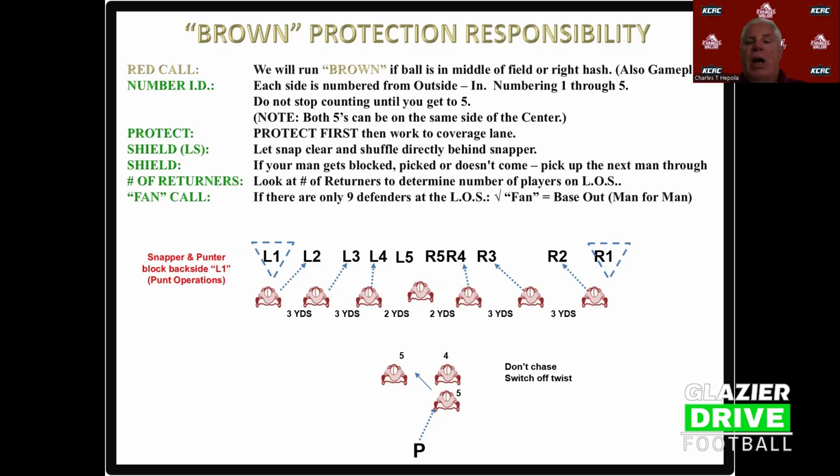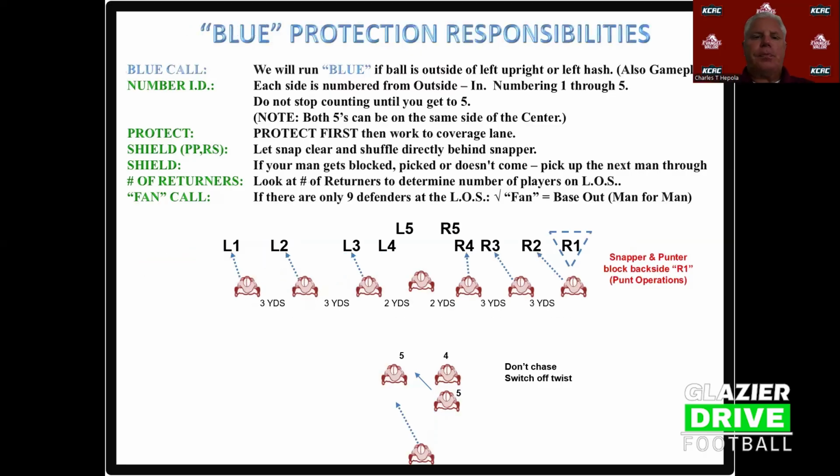So we will down block; our twos, threes, and fours is who we will end up picking up, and we'll leave the 5s for the shield. There's three in the shield, so that gives the three in the shield two, and then they'll searchlight on the outside for the R1 and the L1. But typically that's a pretty good distance for those guys to come, so we're not real worried about that being able to get to the punter.